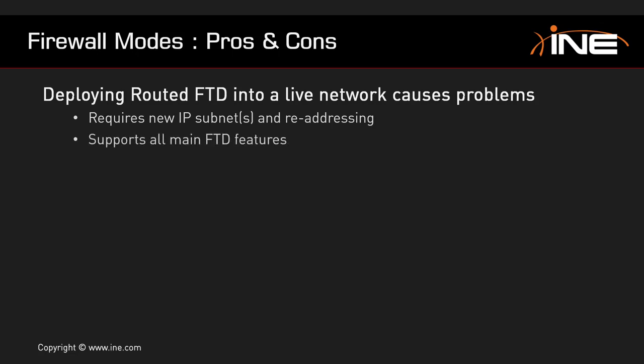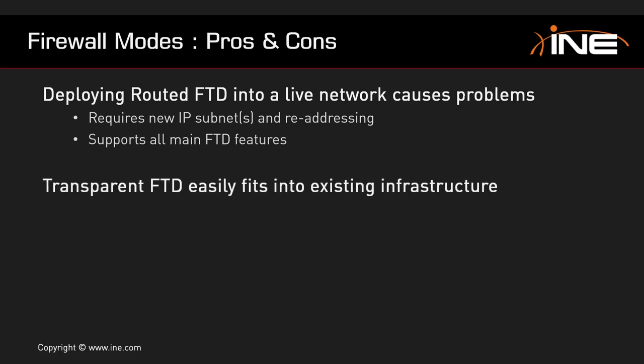Now, the benefit of this mode is that all firewall features that you can potentially use on FTD are available for configuration. Well, except one or two features that are related to the transparent mode. But stuff like VPNs, like routing, like multicasts, it is all supported when you go for the routed firewall mode.